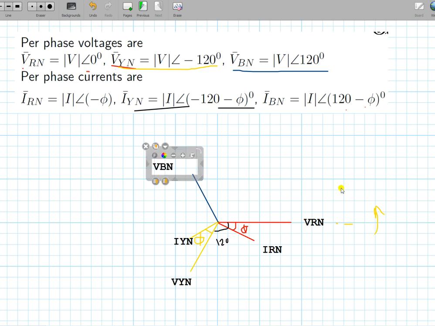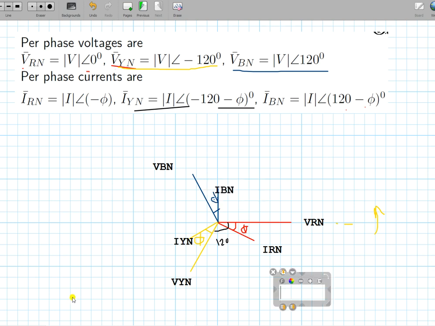Phasors are rotating in this direction, so lagging means in this direction. So IBN will lag this. This angle is equal to phi, and this will be equal to IBN.